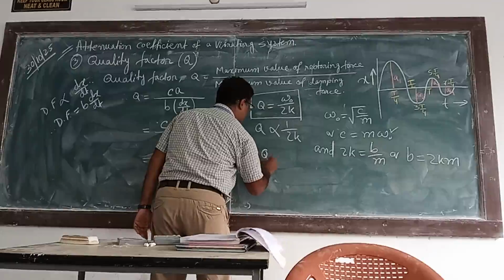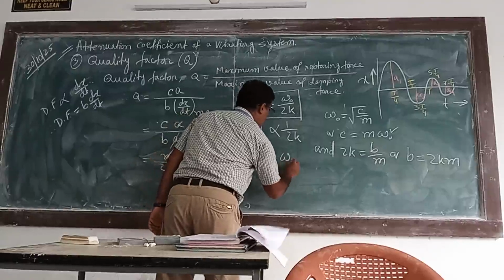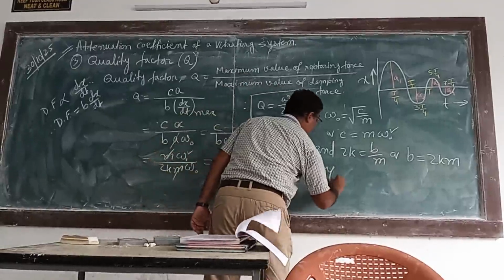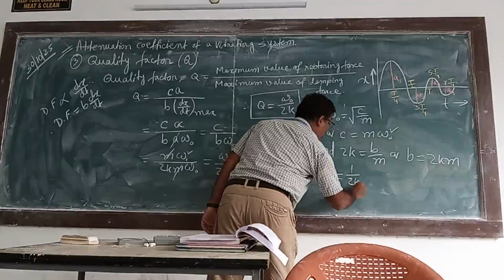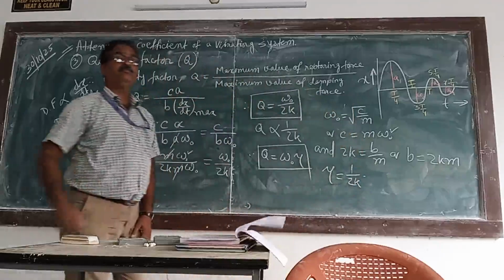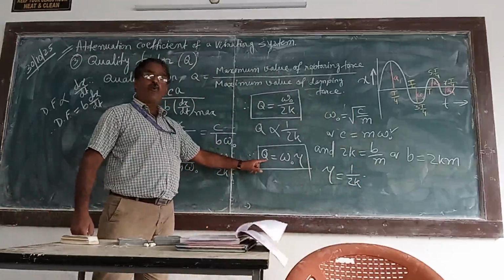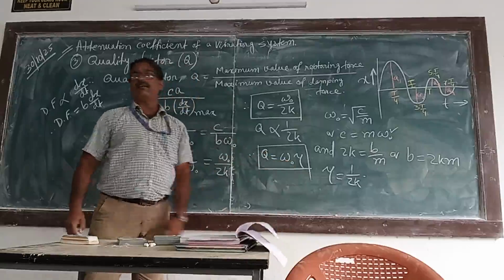Therefore, Q equals omega naught into tau, where tau equals 1 by 2k.